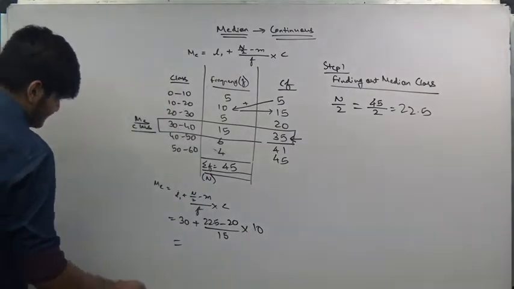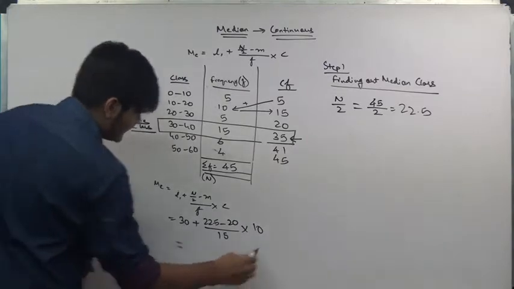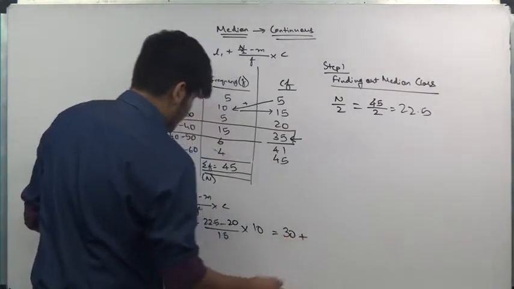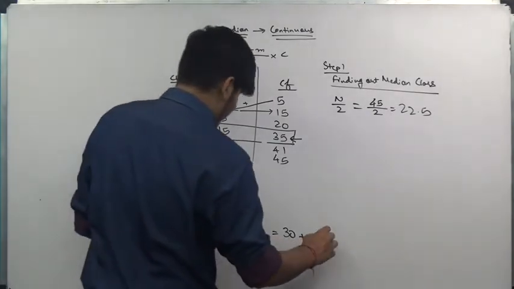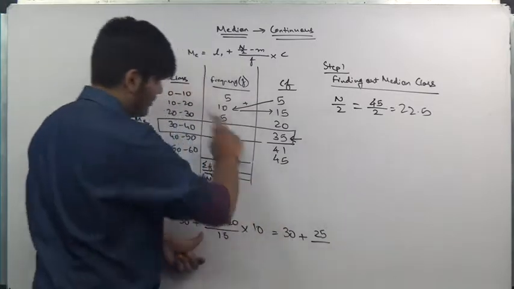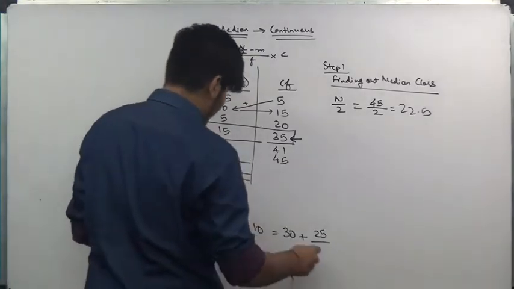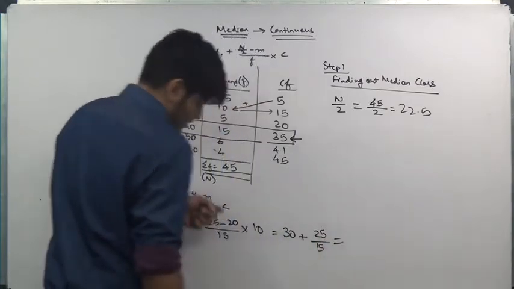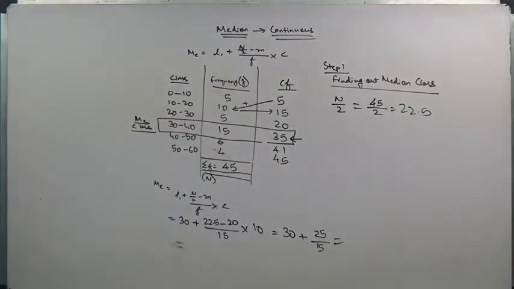Solve it. How much? Many people mess this portion up. Please don't. After doing the entire formula and entire sum right, please don't make such silly mistakes. Try solving it. This is a very easy concept.